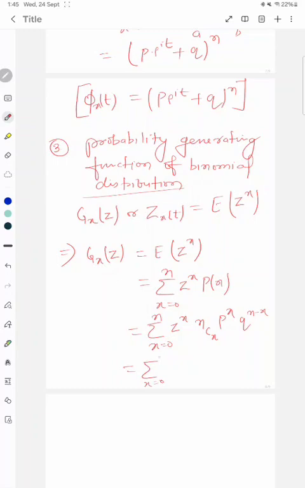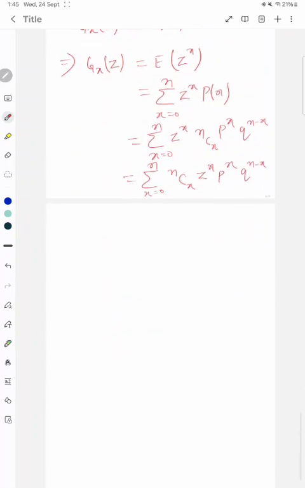Summation x from 0 to n, here we write nCx into z^x p^x q^(n minus x). Summation x equal to 0 to n nCx (zp)^x q^(n minus x).